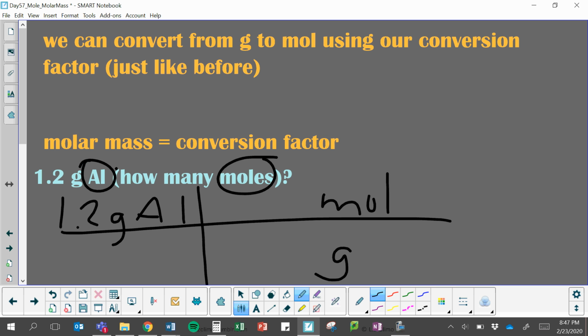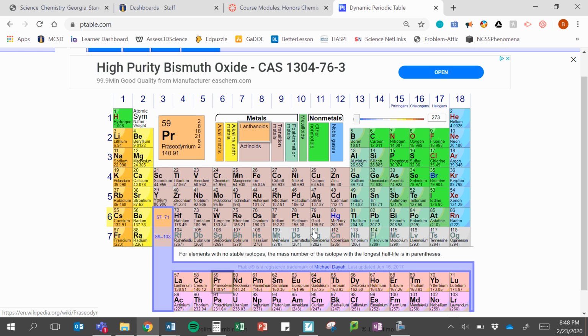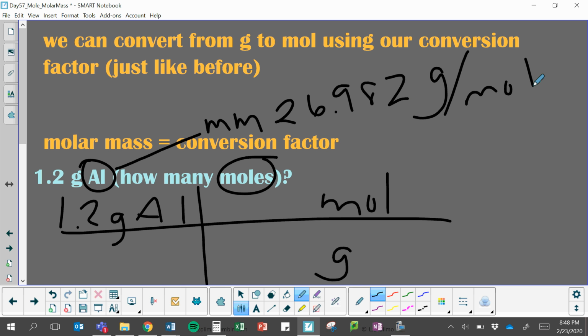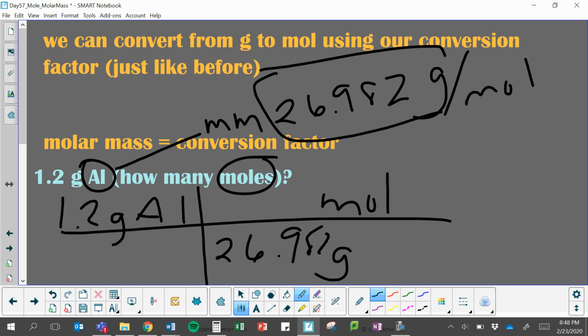Aluminum has a molar mass of 26.982, and you remember that's grams per mole. So we're going to put this number with the grams, down here, 26.982. And then we have our grams per mole over here.